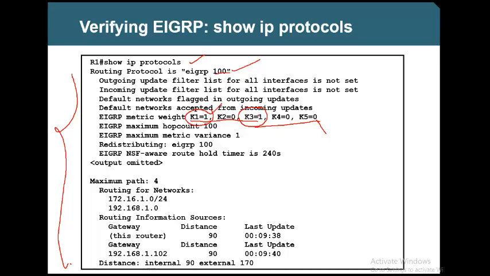Bandwidth is multiplied by 1, delay is multiplied by 1, which means they both are considered: slowest link bandwidth plus sum of delay, you remember. But this one, K2, is load. It is not considered. If load is 10 and you multiply 10 by 0, what is that answer? 0. Since you don't like to consider load.